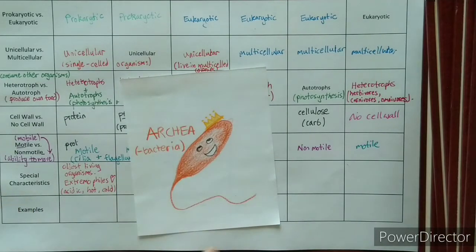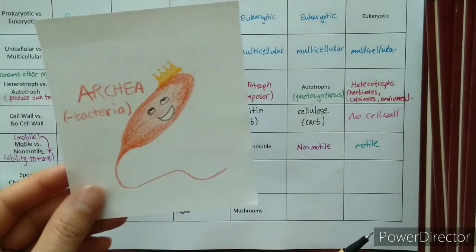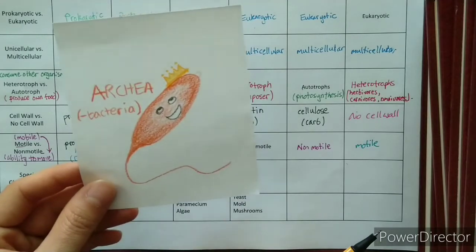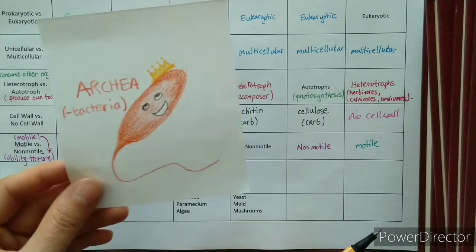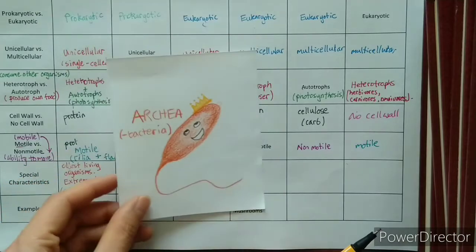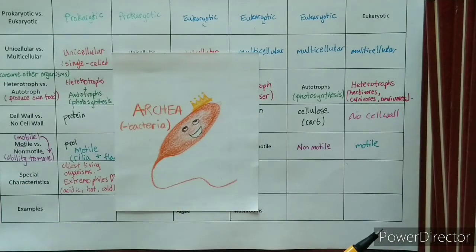They're like the adventurers of the kingdoms. These guys are like the ones who like to live on the edge, you know? Those people who just go out and jump out of planes. That's how I imagine Archaea bacteria to be.